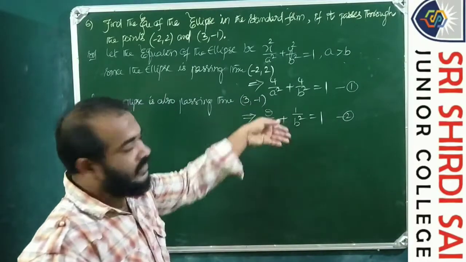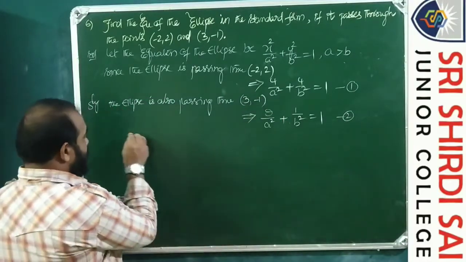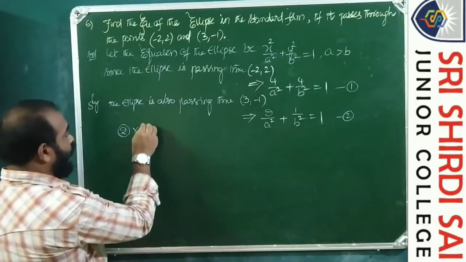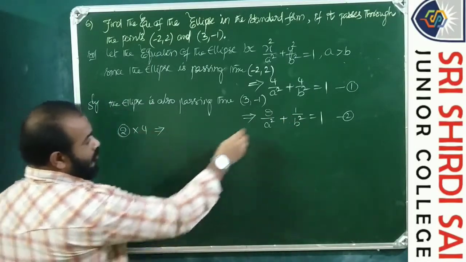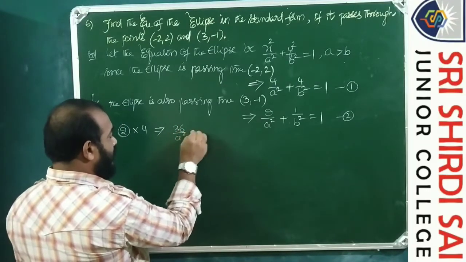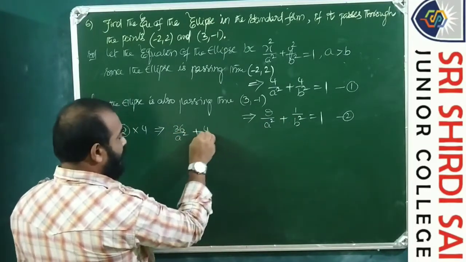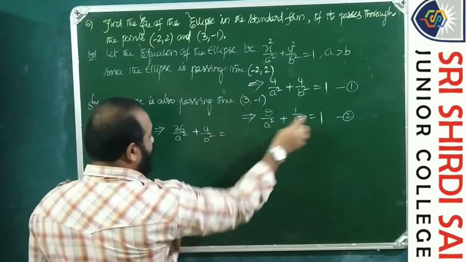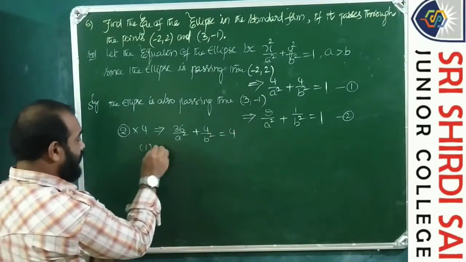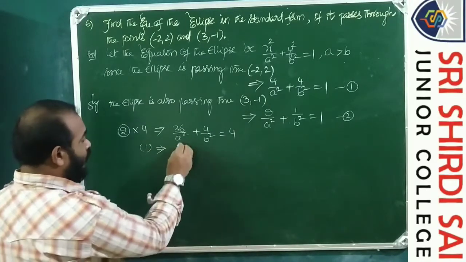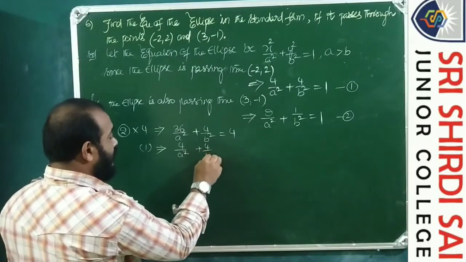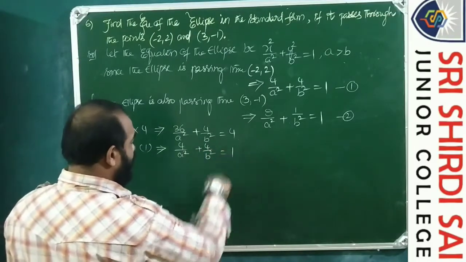Now solving these two. The second equation, I will multiply with 4. Then 4 9s are 36 by a square plus 4 by b square is equal to 4. And the first equation is 4 by a square plus 4 by b square is equal to 1.